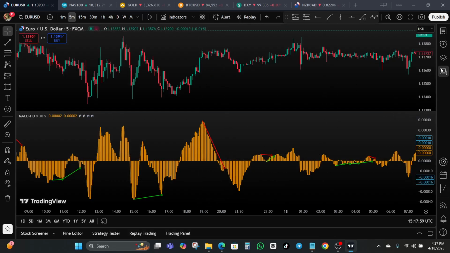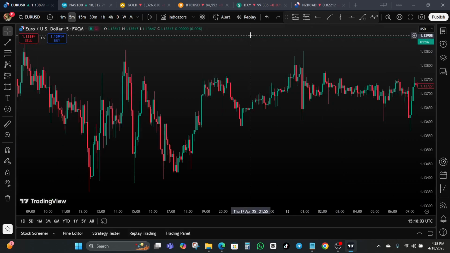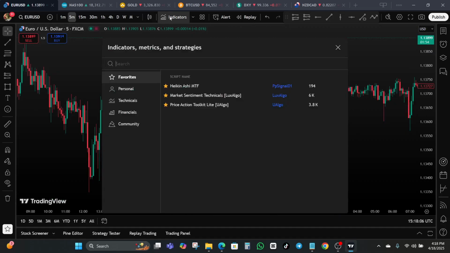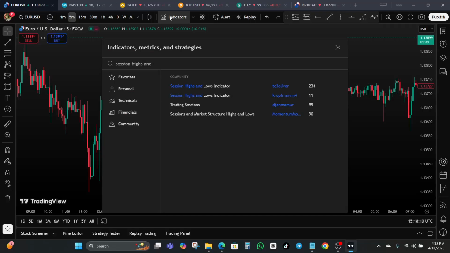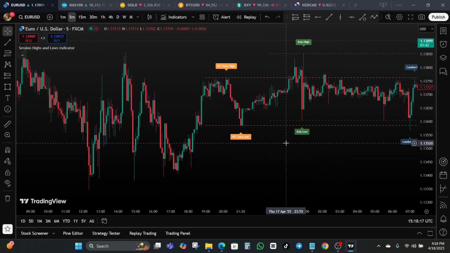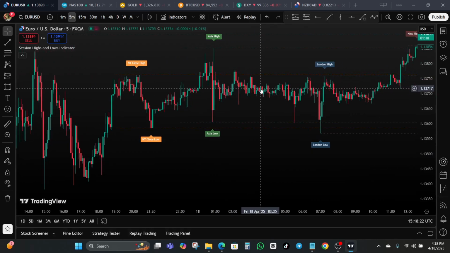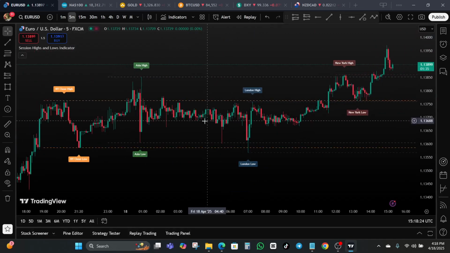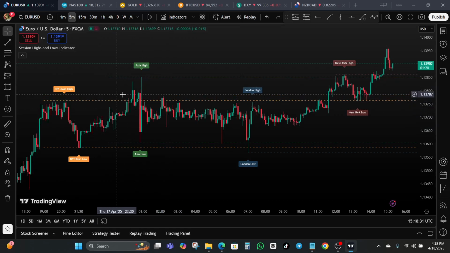All right. Now, the next indicator we are going to be looking at is the session highs and lows. It's quite a unique indicator. This indicator plots the high and low of each session, whether it's the London, the New York, or the Asian session.